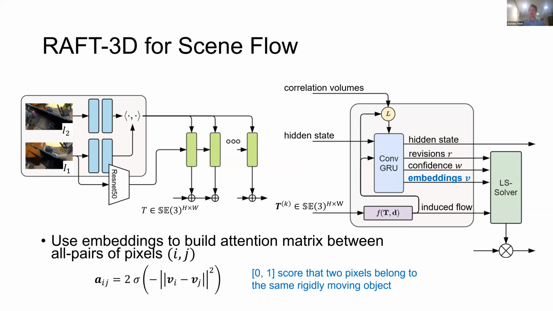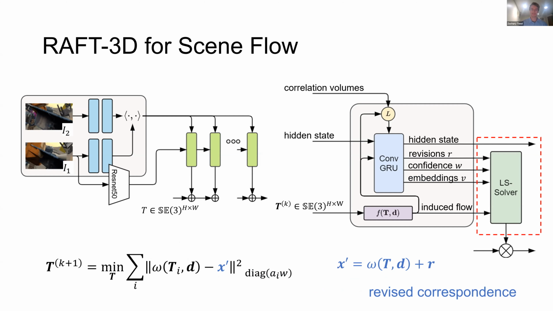So what we do is use these embeddings to build an attention matrix between all pairs of pixels. We can build this 4D volume, which tells us the likelihood that all pairs of pixels belong to the same rigidly moving object. And we use a sigmoid function to map this to a 0 to 1 score, which tells us the likelihood that 2 pixels belong to the same rigidly moving object.